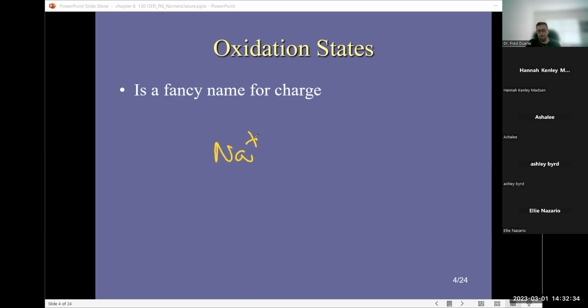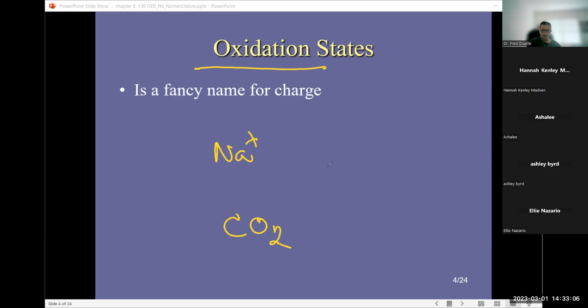We say, full positive charge, right? But if we look, and we're going to learn how to do this, what is the charge of, say, carbon dioxide? Well, carbon dioxide really has a partial charge simply because it's covalent, okay? And so it doesn't really have, quote, a charge. So we use the term oxidation number when we're talking about either ionic or covalent compounds. It's more descriptive between the two, okay?